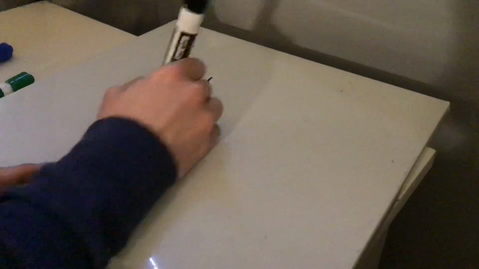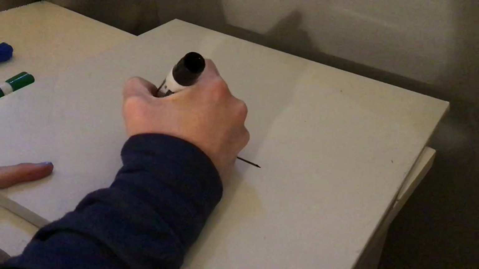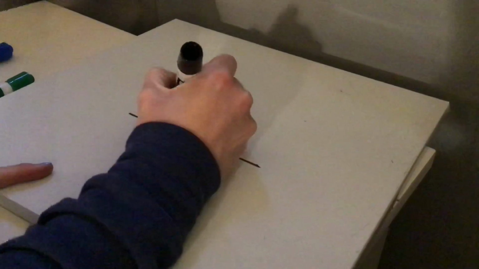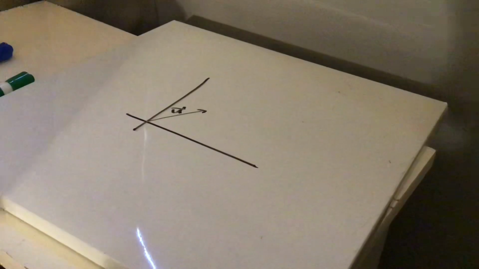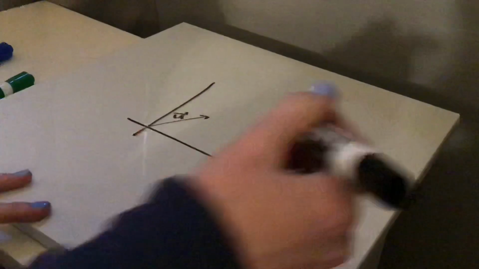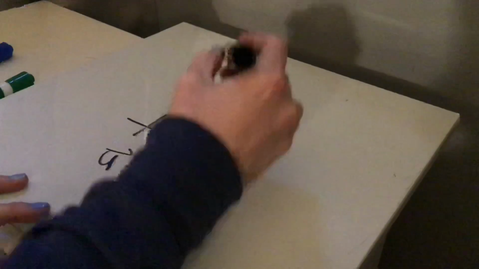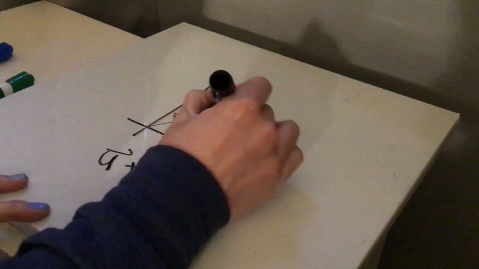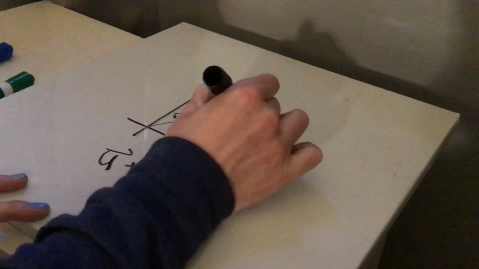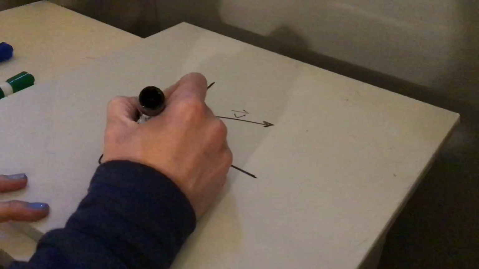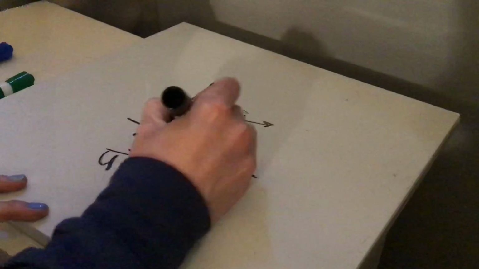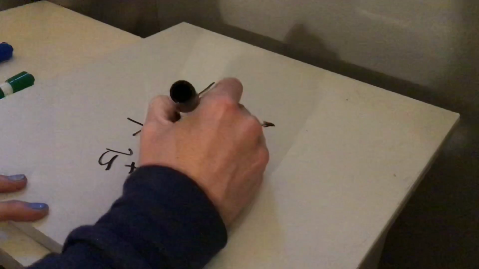So you draw vector U or V, whichever one you want to start with, and then to add vector V, you put the initial point here and draw vector V. The sum of the two starts at this initial point and ends at this terminal point.